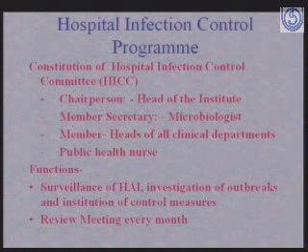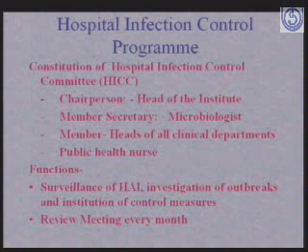It could be the medical superintendent or the director of the hospital or CEO or whoever the authority is. And the member secretary should preferably be a microbiologist, and other members should include the heads of all the clinical departments. And we should not forget here the role of the public health nurse. So the nursing superintendent of the hospital is again usually a part of the infection control committee.